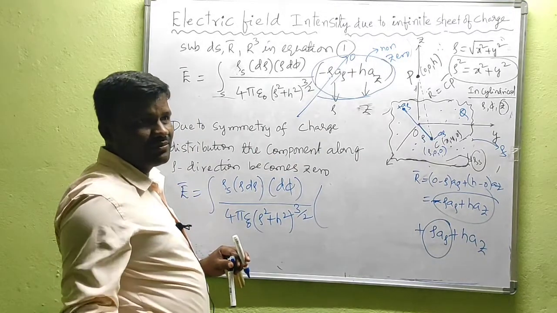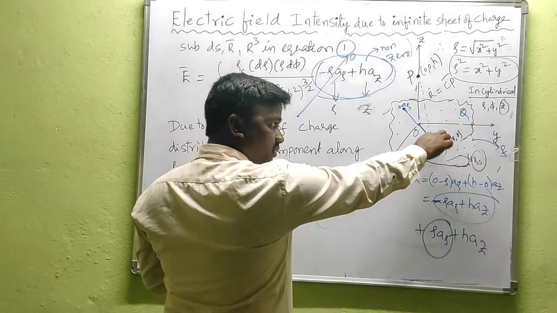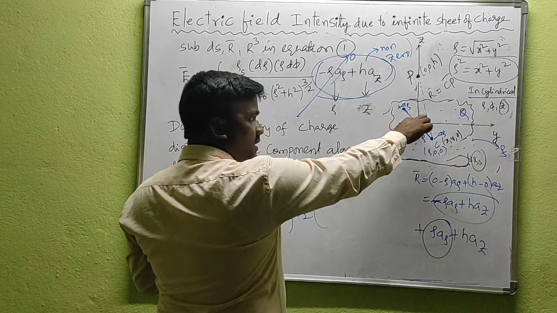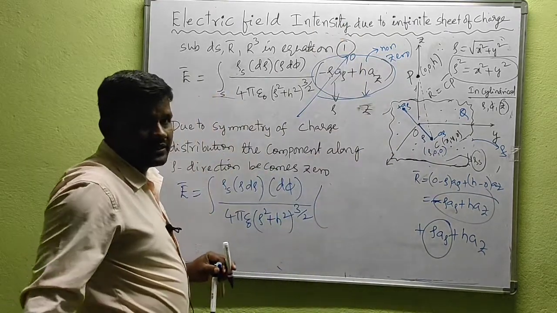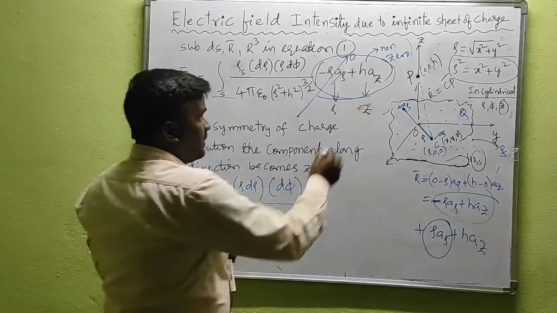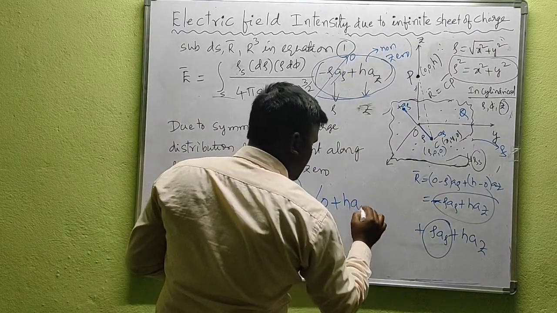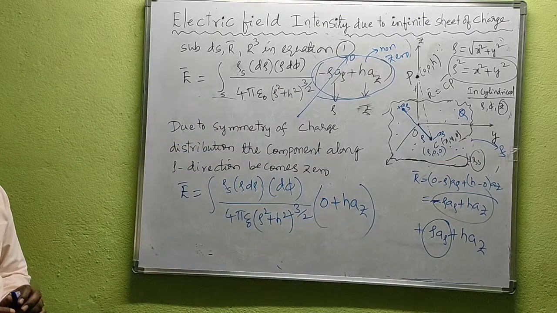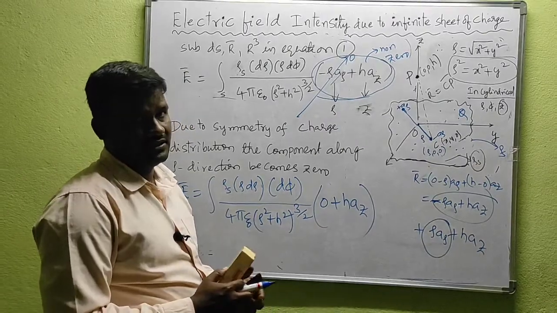Symmetrical charge distribution means that if I have a charge here along the negative rho direction, the same charge will exist here along the positive rho direction, which means the components along the rho direction cancel out. Whereas this is 0, and the last component is h into az. If you simplify this, you will get the electric field intensity due to an infinite sheet of charge. Clear?